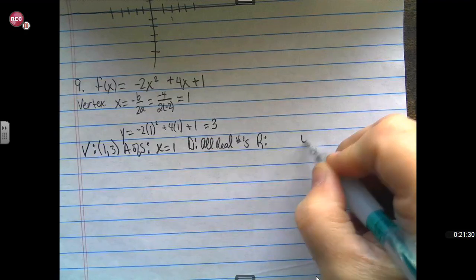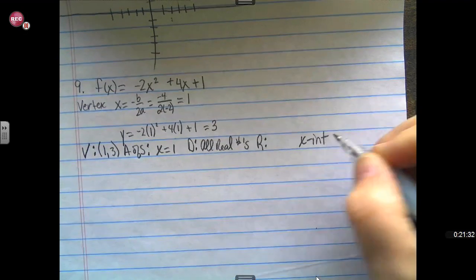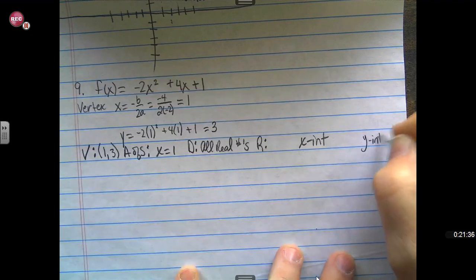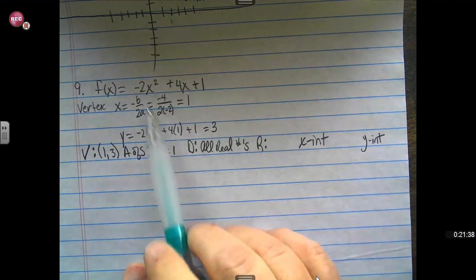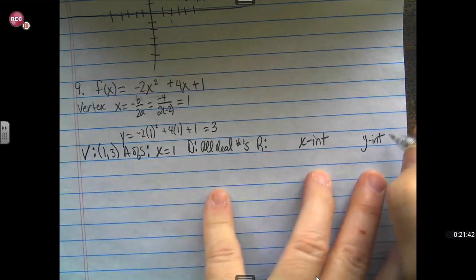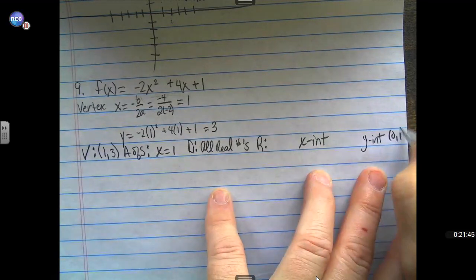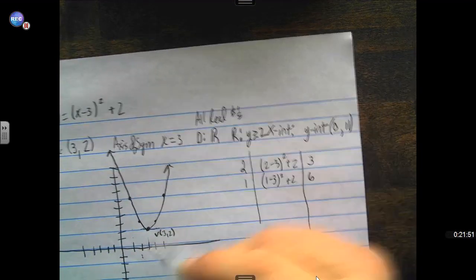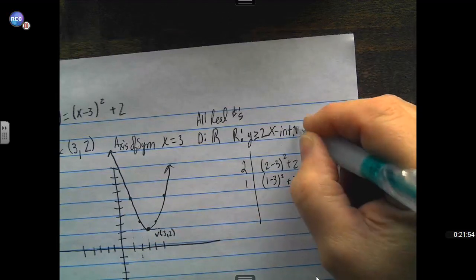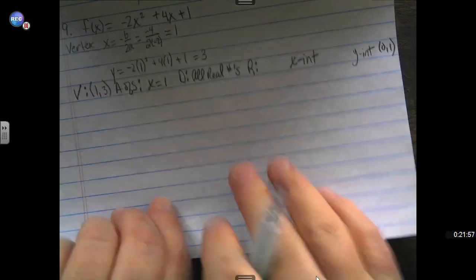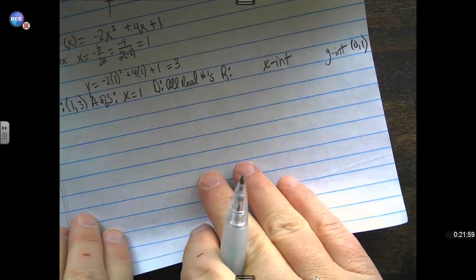The x-intercepts will be yes or no. The y-intercept, it's the beauty of standard form is if I plug in 0 up here, I get 1. The y-intercept is 0, 1. I forgot to answer the question up here about the x-intercepts. Are there x-intercepts on this one? No, because it does not cross the x-axis. So for right now, we're just saying no for that question. Okay.